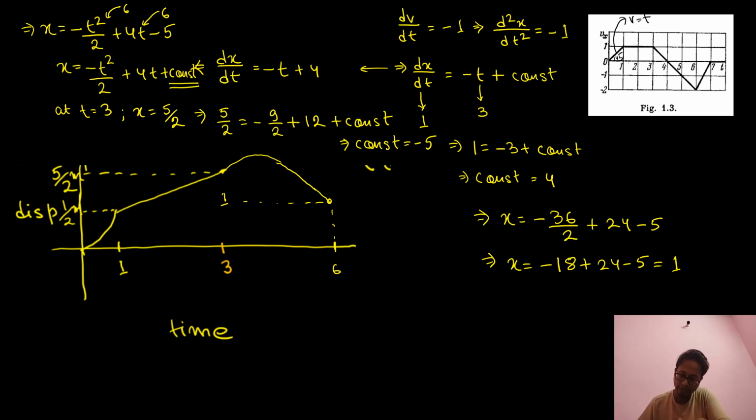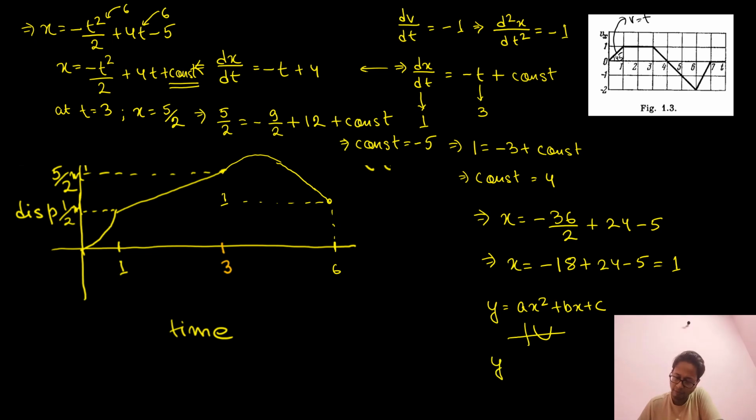See why I drew a downward parabola. Whenever the coefficient attached to t square is negative, it would be downward parabolic. Why? Have you read quadratic equations in maths? How does the graph of ax square plus bx plus c look like? It looks like an upward parabola.